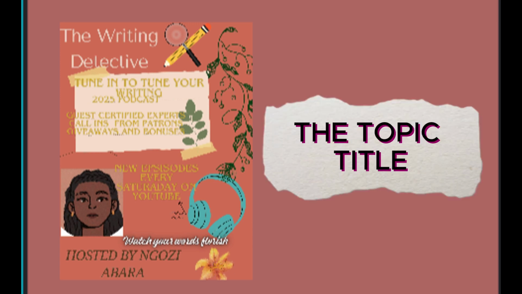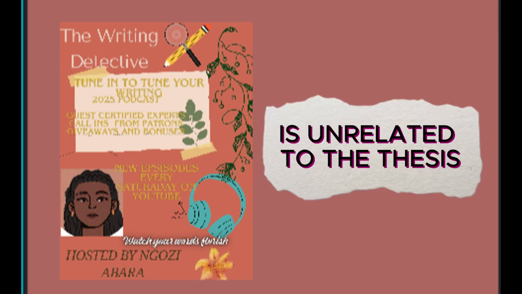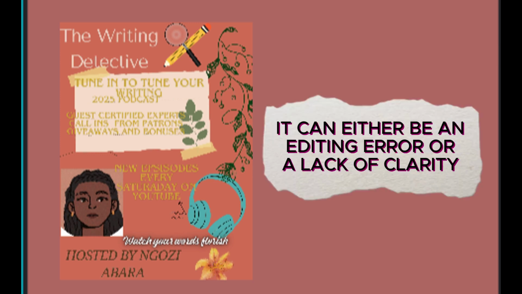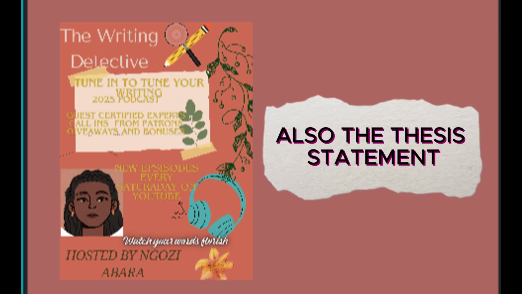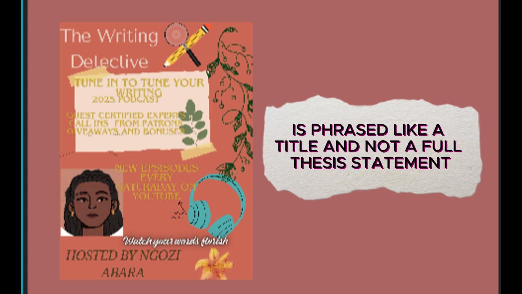The topic title, Integrating Life Skills in the Classroom, is unrelated to the thesis. It can either be an editing error or a lack of clarity. Also, the thesis statement, How to Unify the Caribbean, is phrased like a title and not a full thesis statement.